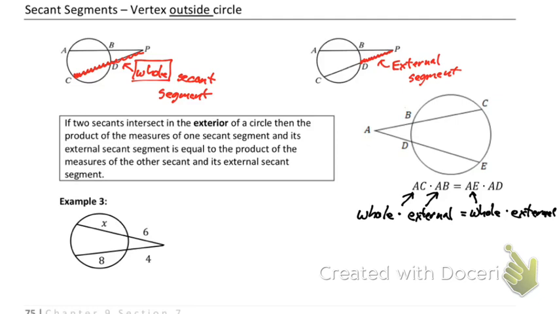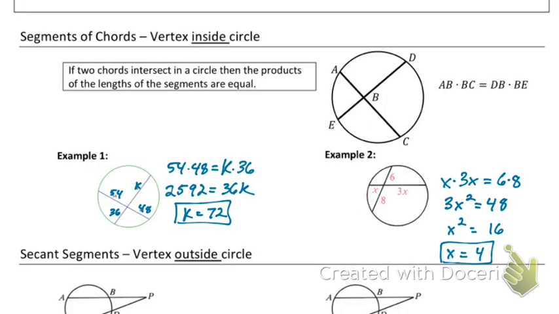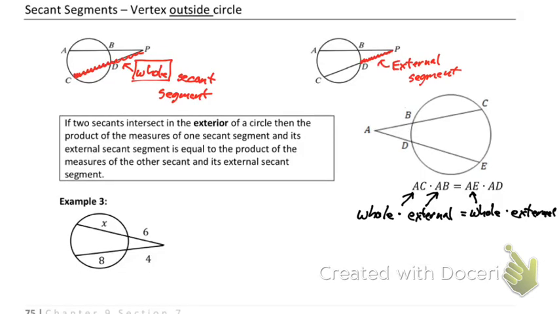I'm going to really stress that you understand that that's whole times external. Because here's the problem. People generally do these pretty well, because it's just this times this equals this times this. The problem comes in when I bring this up. A lot of people want to do AD times DE equals AB times BC. It doesn't work the same as internal. You can't do segment times segment.